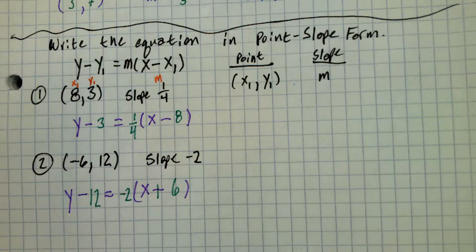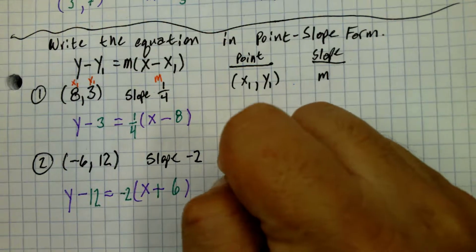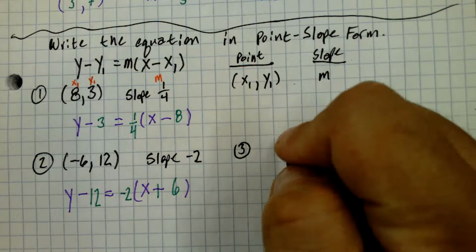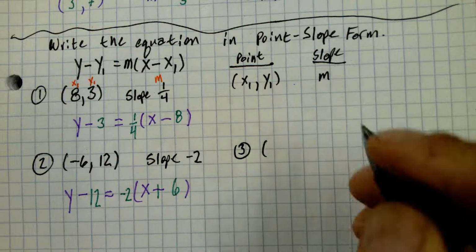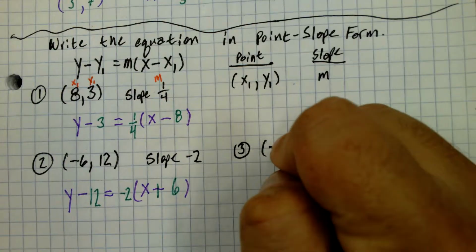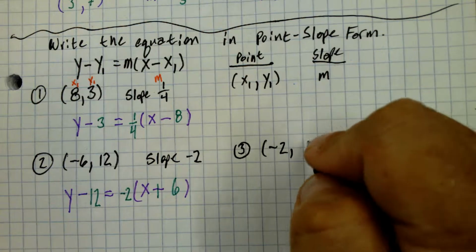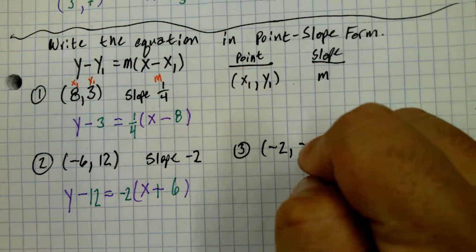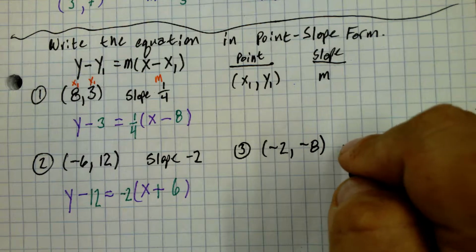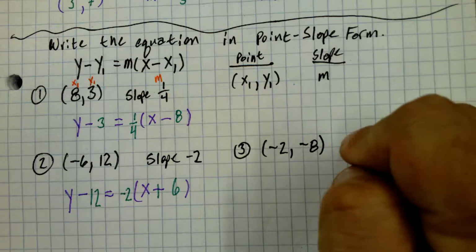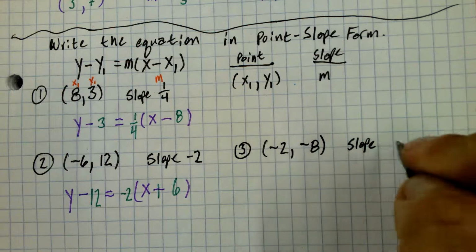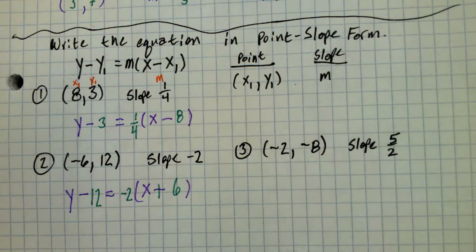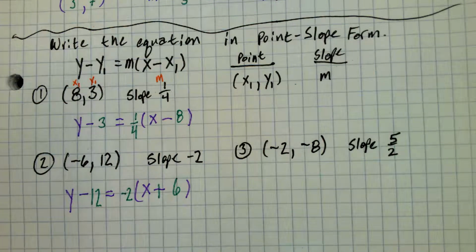Let's just do one more. Okay. 2 more. I just thought of another type that we want. So we're going to do -2, comma, -8, parentheses, and then the slope is 5 halves. So go ahead and do this one.